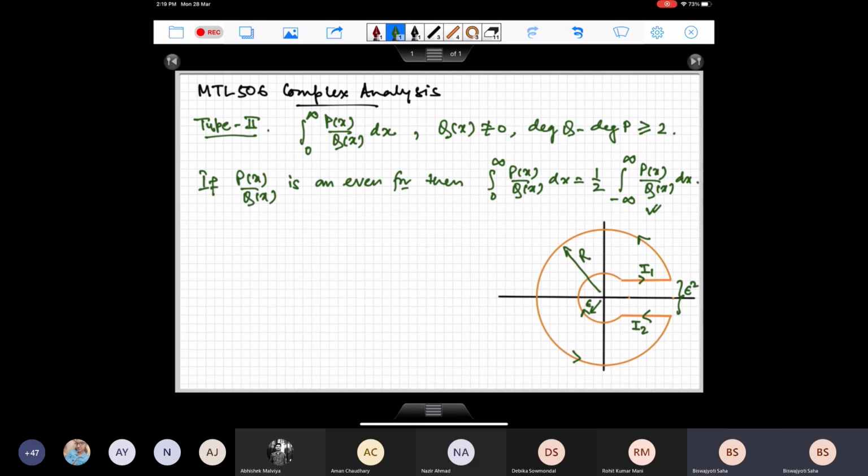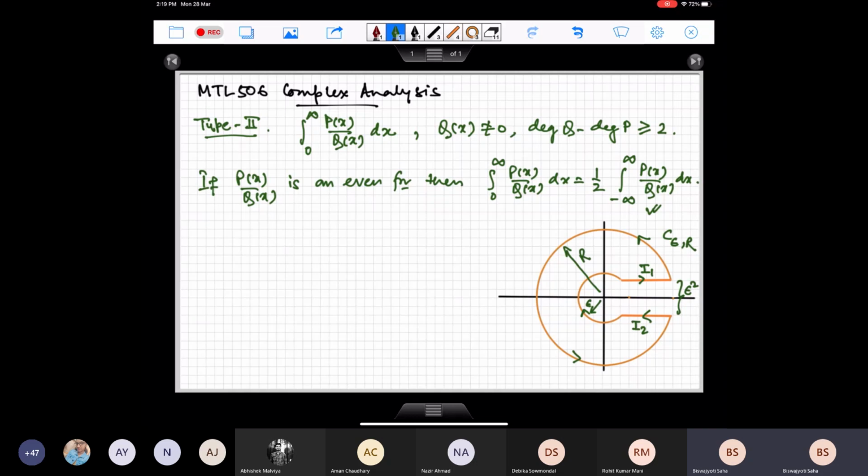And now, what can I do? So let me first of all write down again the line segments. Okay. So let's call this contour C epsilon R. Now, which function do I integrate?